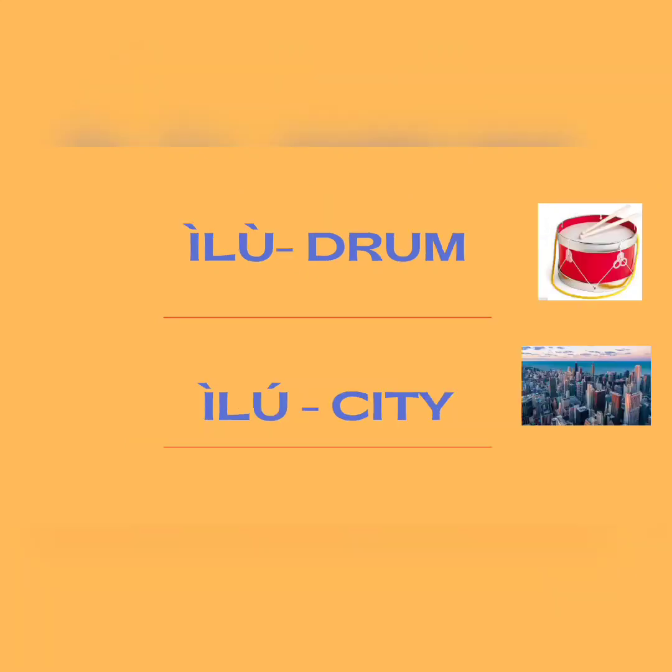Let's look at the next set of words. Ilu. That's also called drum. Remember the first type of drum I mentioned, bata, is a type of drum, but generally drums are called ilu in Yoruba language.